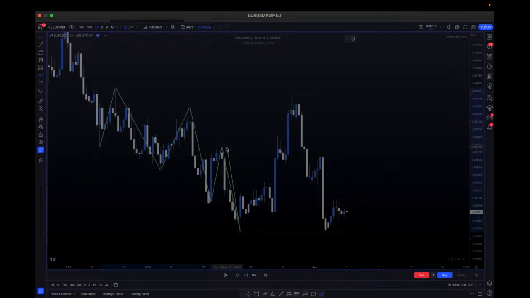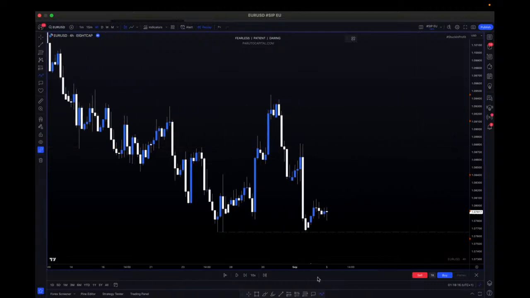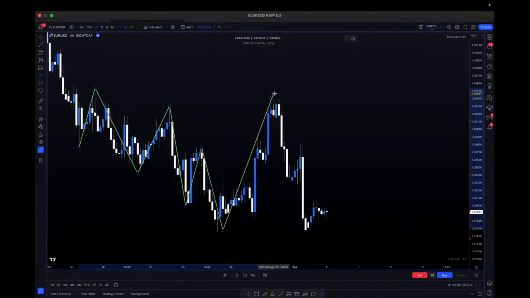But what had happened here was price completely changed from the bearish order flow to the bullish order flow. This high was taken out, not just that high, but, apologies, I'm not sure why this is freezing. Basically, price had moved from the bearish order flow and now we had a bullish change of structure, or break of structure.